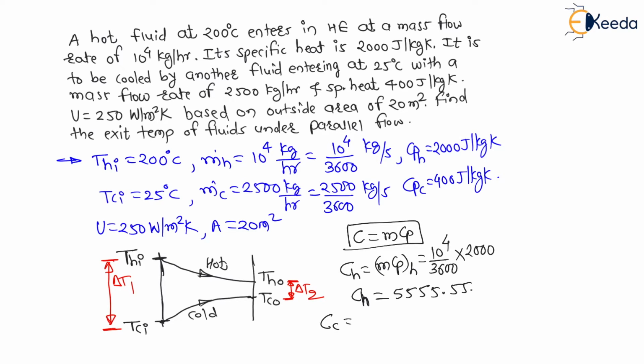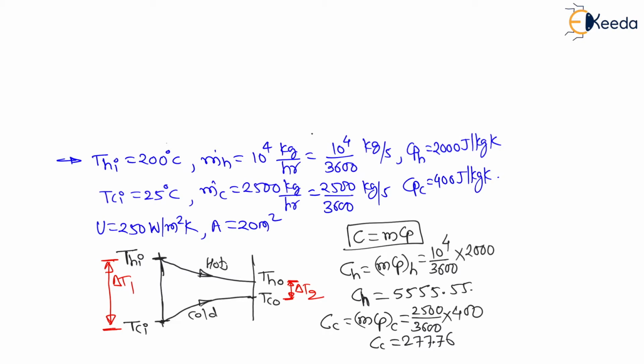Similarly, calculate C of cold fluid, which is nothing but MCP product of cold fluid, which is equal to, here mass of cold fluid is 2500 divided by 3600 into specific heat is 400, right? So if I calculate C of cold fluid, I will get 277.76, right? So my dear students, here we got the C of hot fluid, which is 555.55, and C of cold fluid will be equal to 277.77, right?